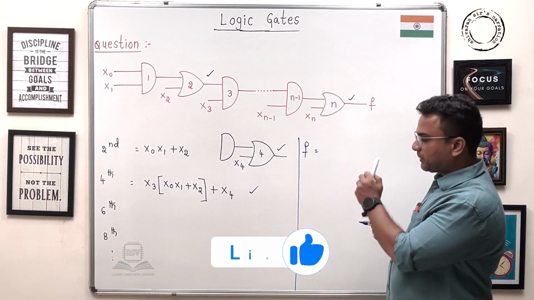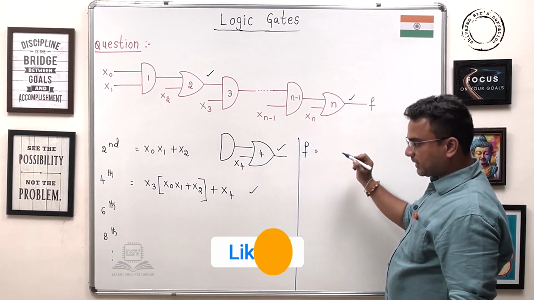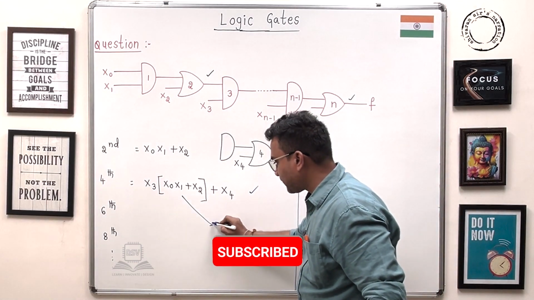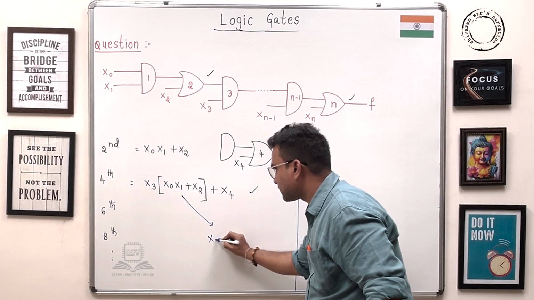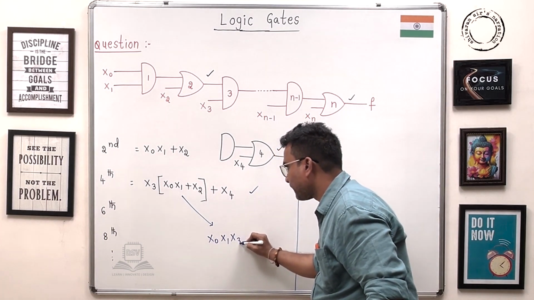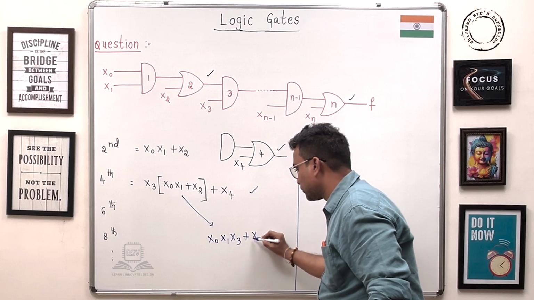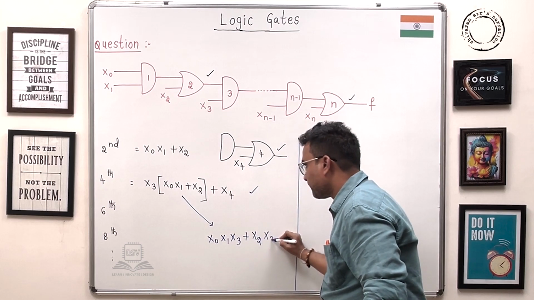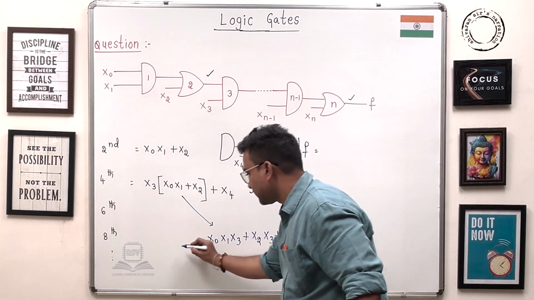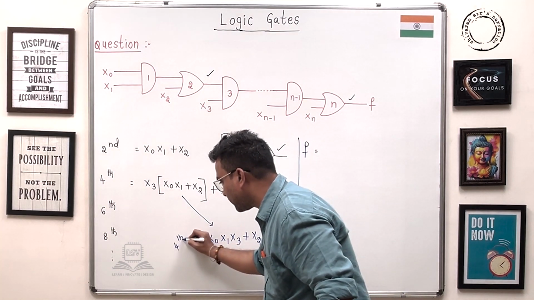That is simply guys, here for this you just expand, it is x0 x1 x3 plus x2 x3 plus x4. Actually this is the fourth gate output, right?